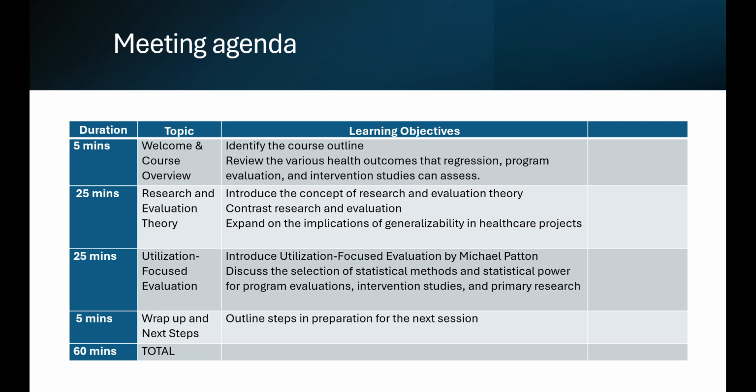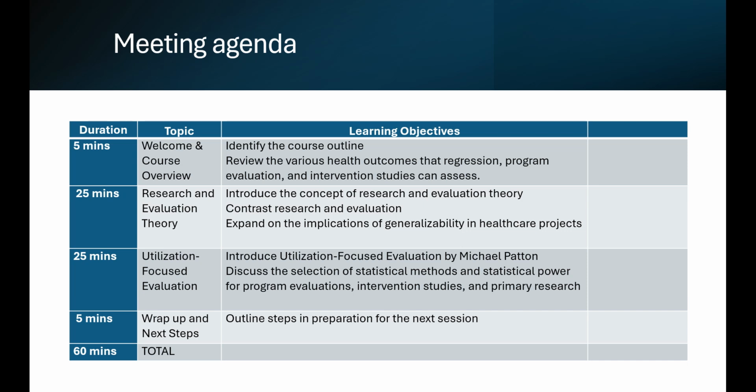And in the first discussion, we're going to look at research and evaluation theory. We'll introduce the concepts of research and evaluation theory, contrast research and evaluation, and expand on the implications of generalizability in healthcare projects.